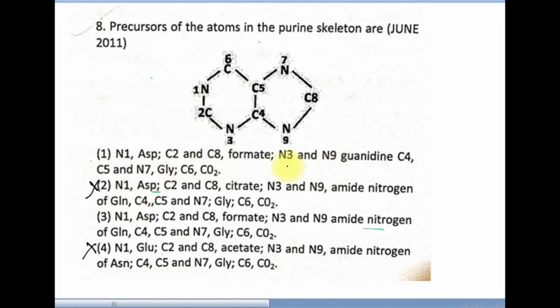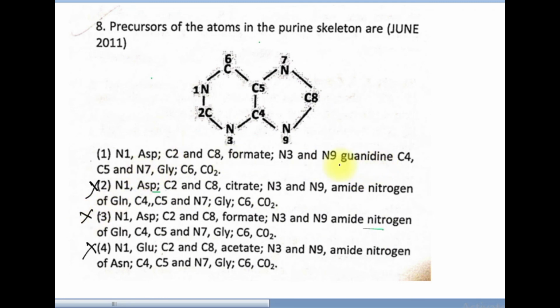Now, in the first option, it has been given that N3 and N9 are from glutamine and C4, C5 and N7 are glycine. And in the third option, it has been given that N3 and N9 are for amide nitrogen, which is incorrect.